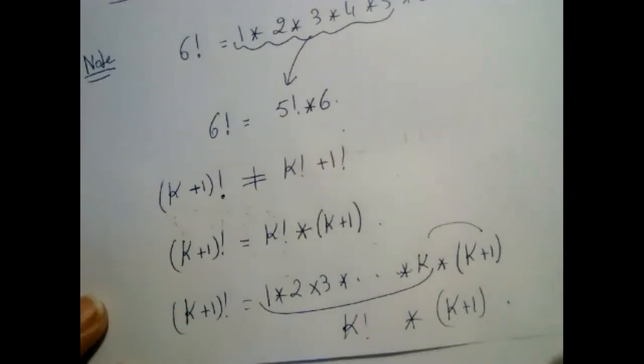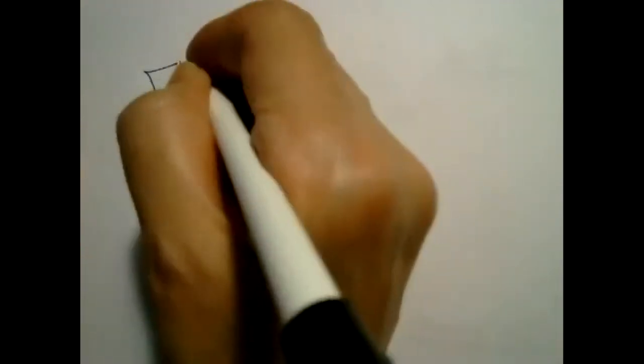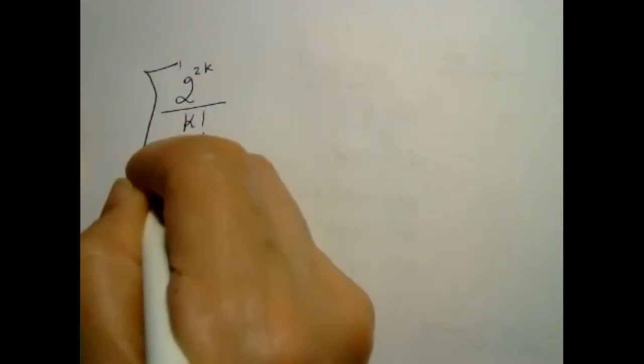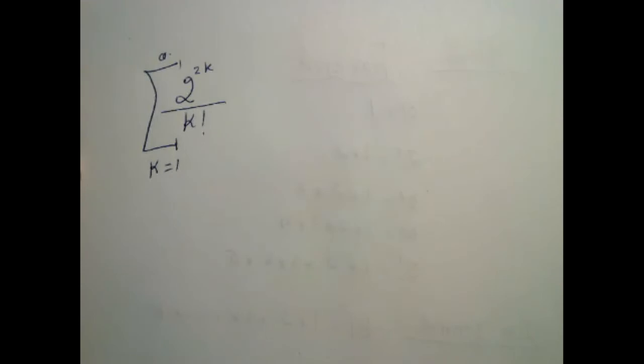So now we're going to do another example, and we're going to start using factorial a lot at this stage. Let me take the following series: sigma of 2 to the power 2k over k factorial, k equal 1 to infinity.